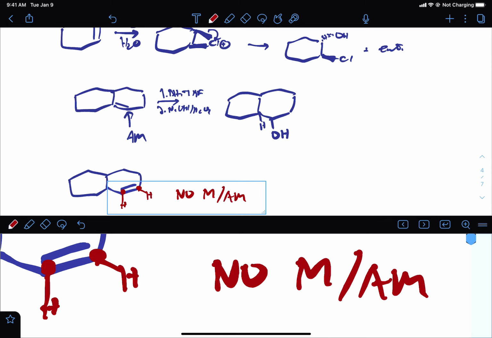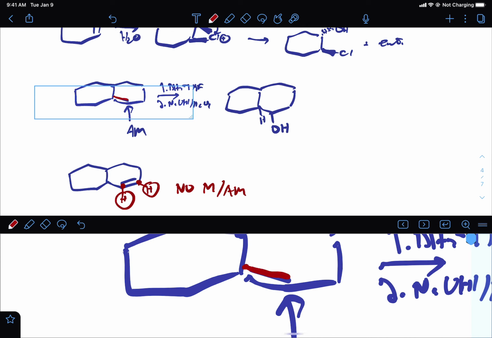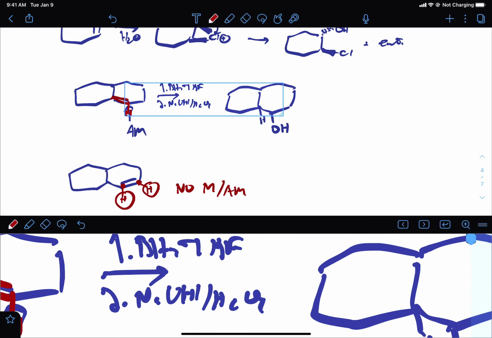And what that means is we have a 50-50 chance of getting it where we want, but a 50-50 chance of it going where we don't want. Whereas if we start with an asymmetrical alkene, we have full control over adding to one side of it. In this case, we want the anti-Markovnikov pattern. And so we use the anti-Markovnikov reagents, BH3THF, followed by NaOH and H2O2.